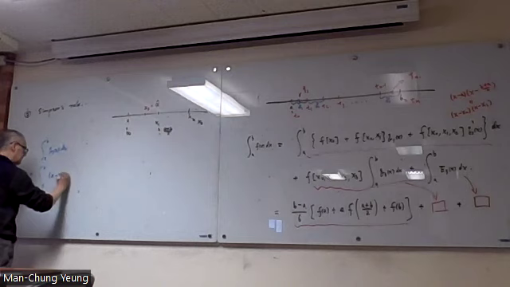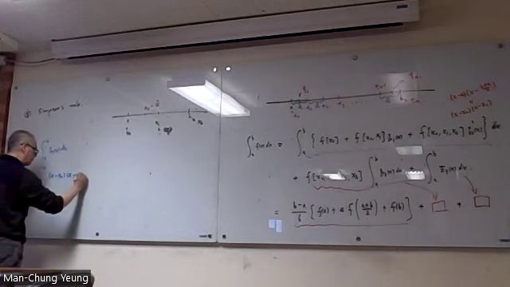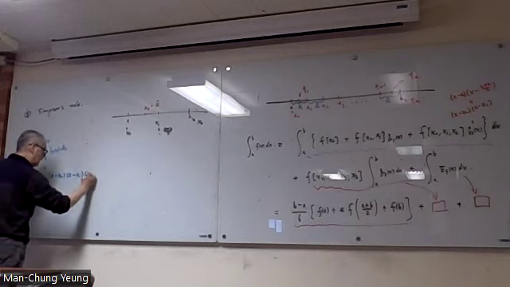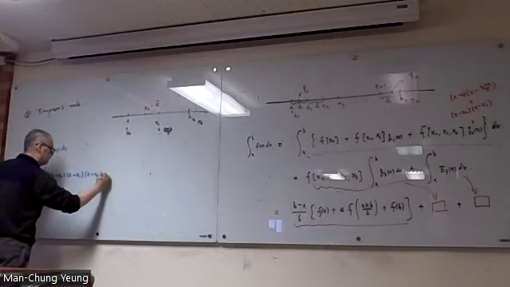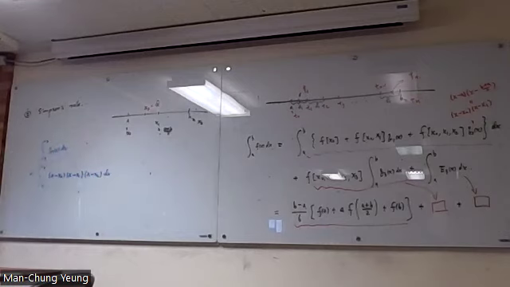Q3 is x minus x0, x minus x1, x minus x2. The point x1 is the midpoint, (a plus b) over 2.